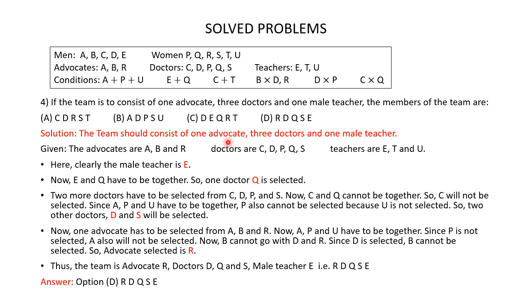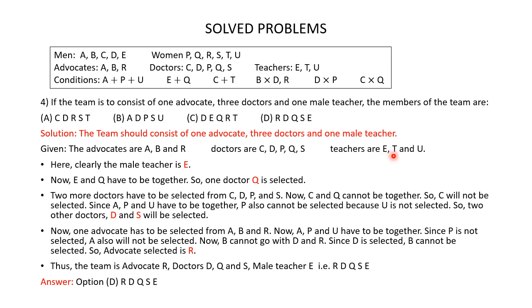So the team should consist of 1 advocate, 3 doctors and 1 male teacher. Now according to the given information, we know that the advocates are A, B and R. Doctors are C, D, P, Q and S. The teachers are E, T and U. Now we need 1 male teacher for the team.